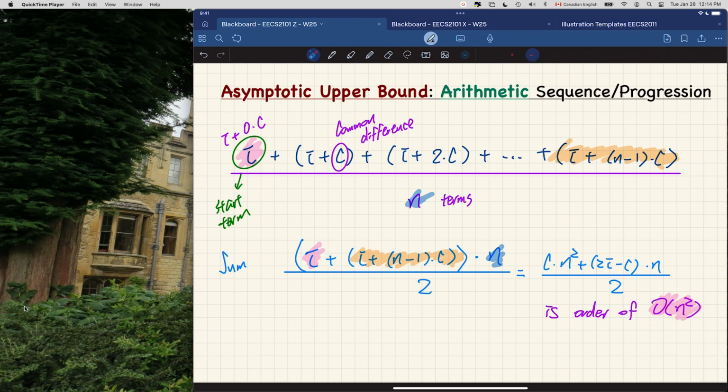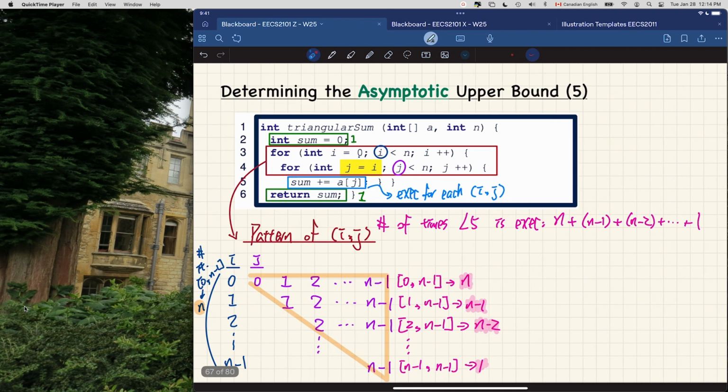Okay? And let's go back to our original example there and use that. Now we've got this one here, right? This is an arithmetic sequence, except that the common difference here is minus 1. Agree? Okay? So this one here, if you try to approximate it, is going to be the beginning term plus the end term multiplied by how many terms? N terms, right?